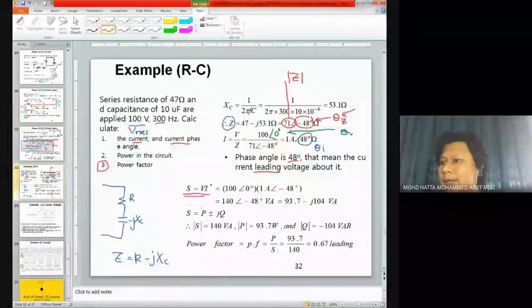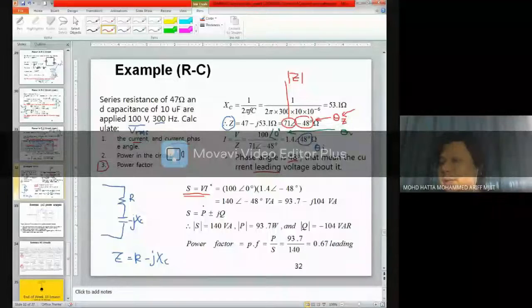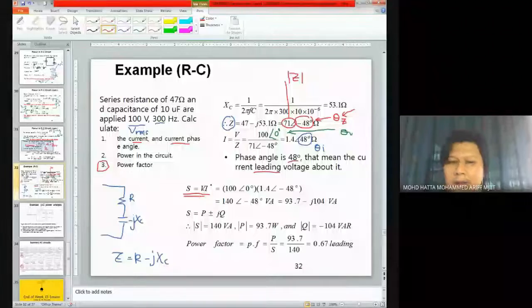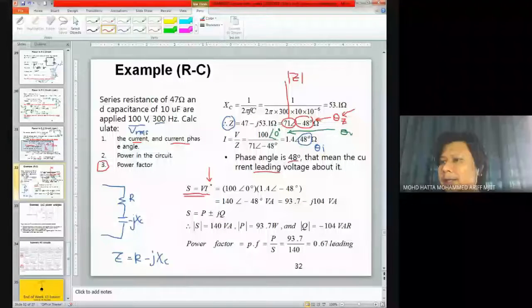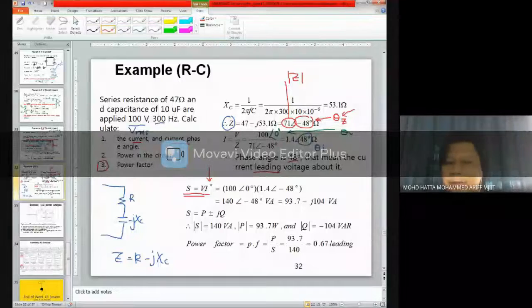You will get your complex power, your value of real or active power, as well as your value of reactive power. The very important thing when using this equation is that the current here is the conjugate current.